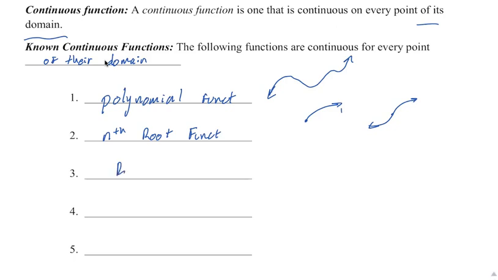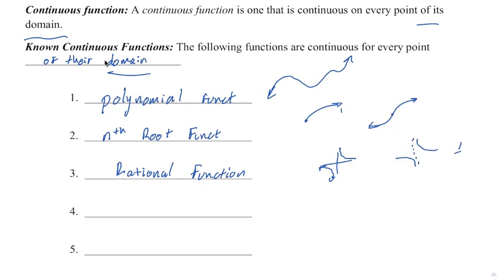Next is a rational function. The key part again is on its domain. A rational function typically looks something to this effect. Looking at the 2 graphs, on its domain, they're continuous. There's a point where it's not continuous.